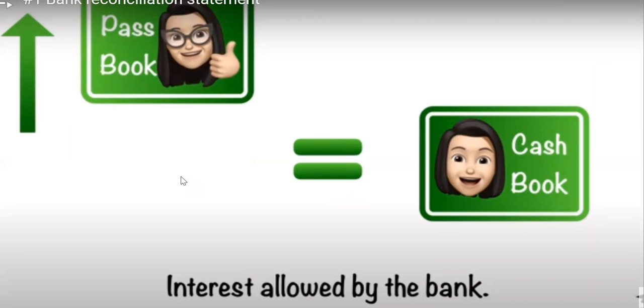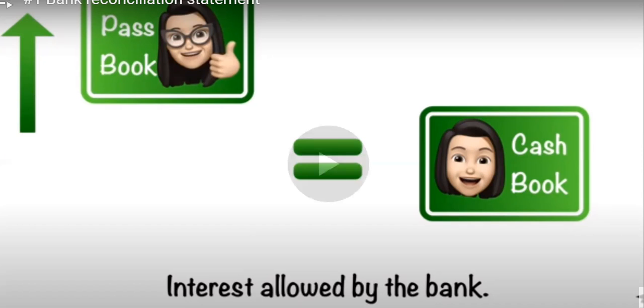Interest allowed by the bank means the bank deposits some interest amount in our bank account, but we don't know at which time they deposit that amount. So the passbook balance will increase. At the same time, the cash book balance remains the same. No change in the cash book. Can you understand what I am trying to say?